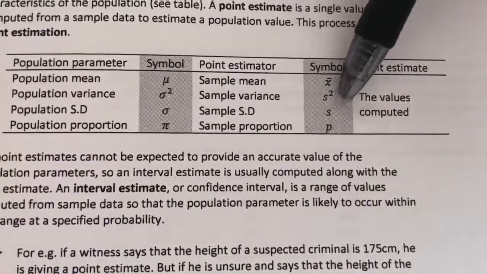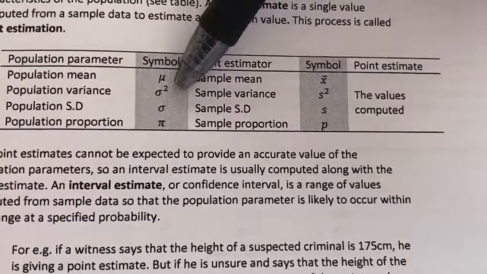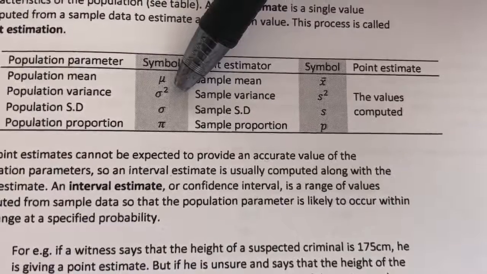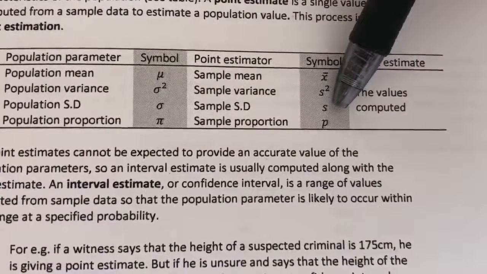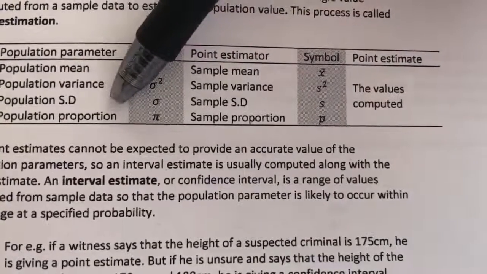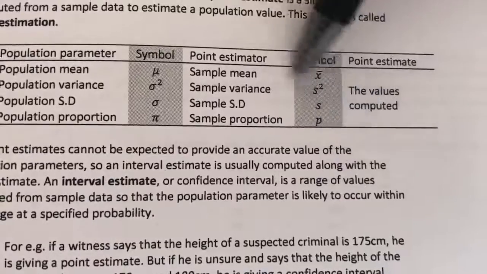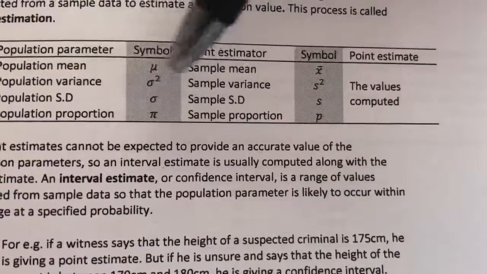Likewise, sample variance or S squared is the estimate of sigma square or population variance that we are actually interested in. Sample standard deviation or S is the estimate of sigma that we are actually interested in. As well as sample proportion or P, it is an estimate of the pi or population proportion.